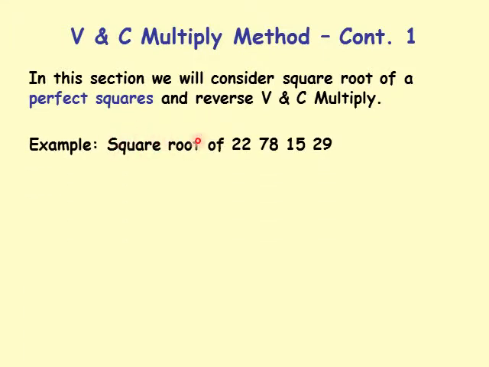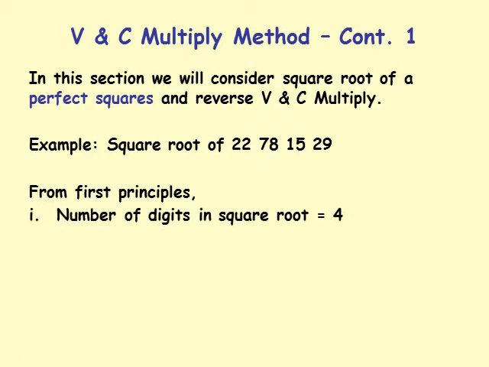Example, we will take the square root of 22781529. The number of pairs in the number is 4, so the number of digits in the square root is 4. From first principles, we know there are 4 digits in this square root.